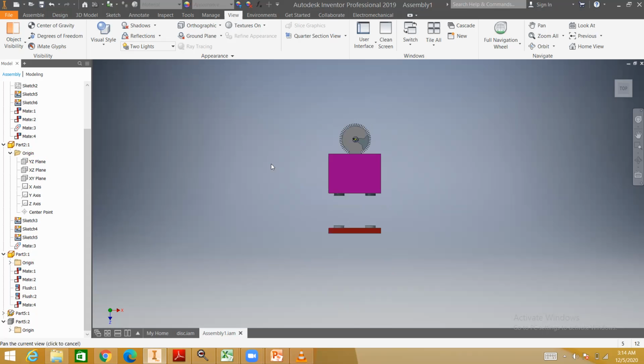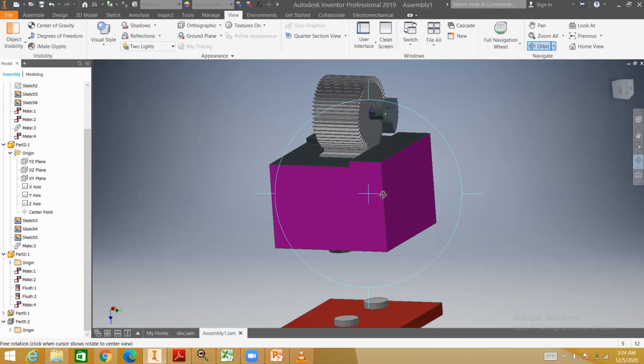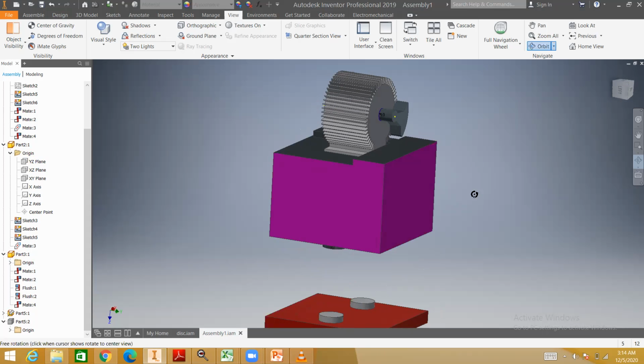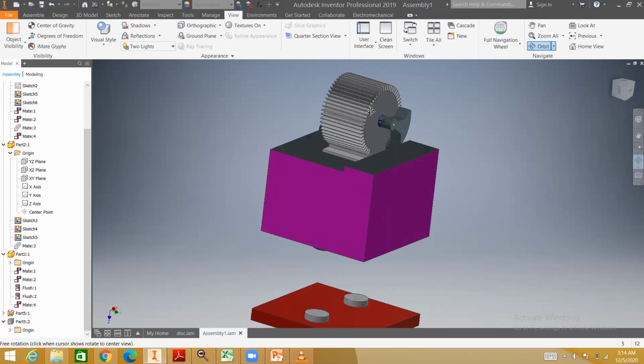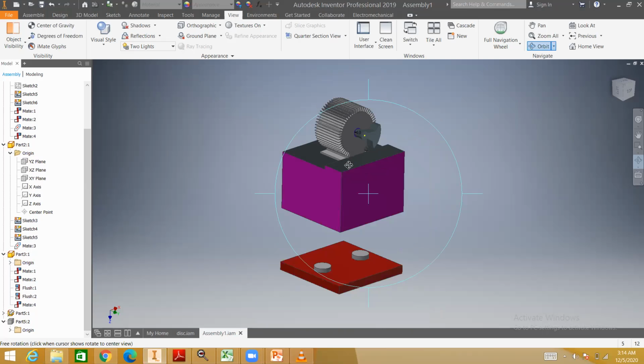You can observe the setup in three dimensions. I hope it is visible to you. This is the physical setting.